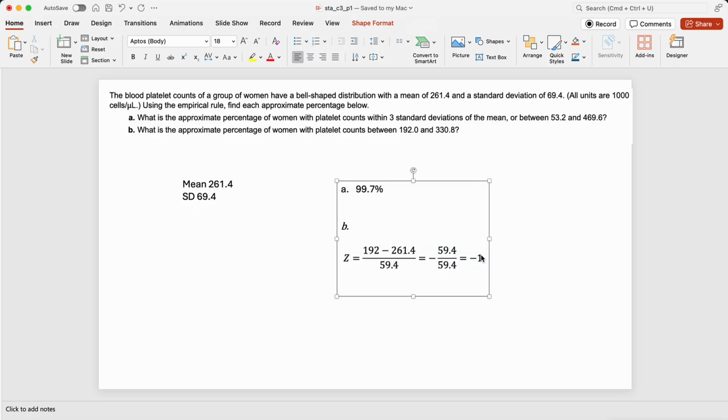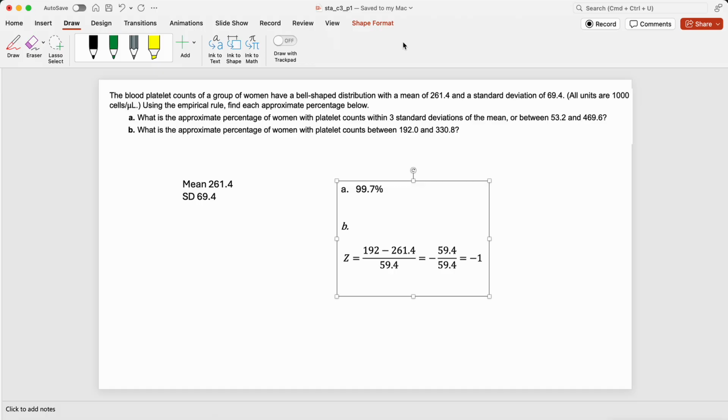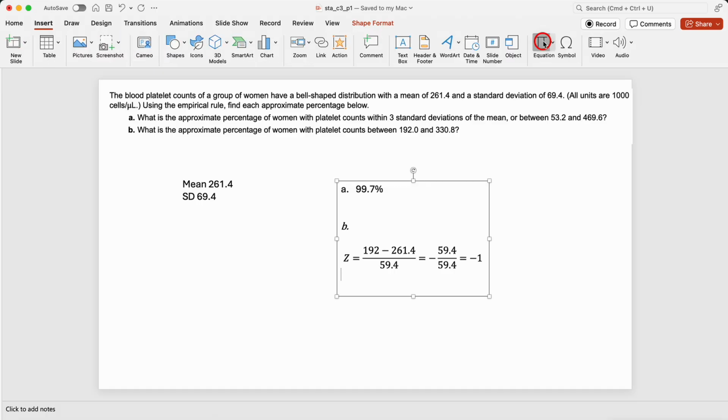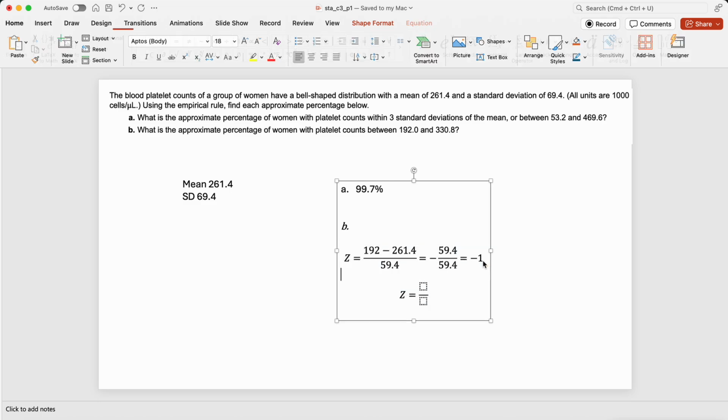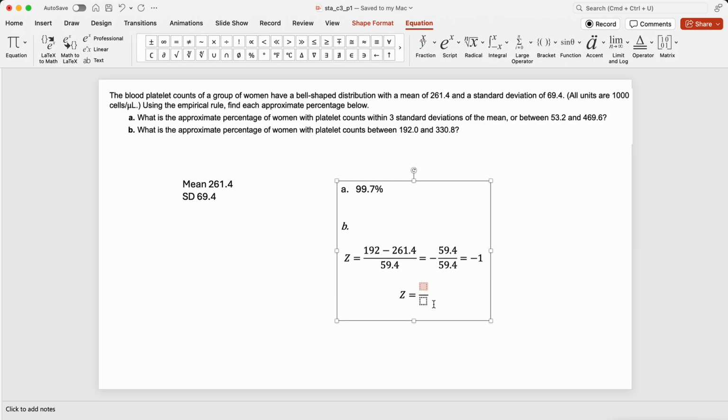Let's do the second one. The second one's z-score is going to be pretty similar. So I'm going to have a z equal to some fraction. Let's give another new line there. That fraction this time is going to be 330.8 minus the 261.4, and then divided again by the 69.4.